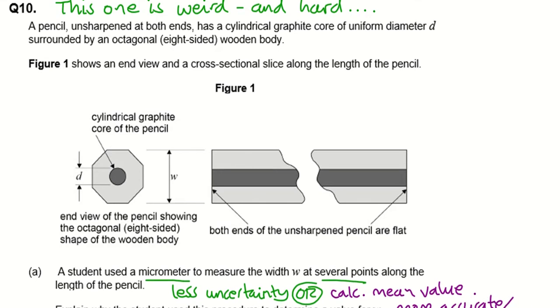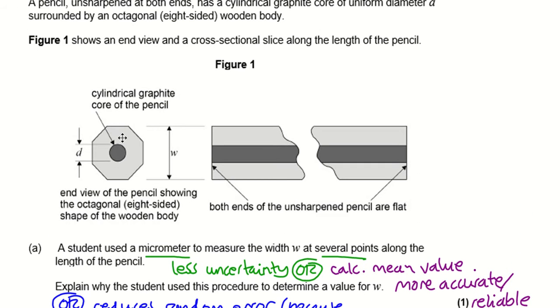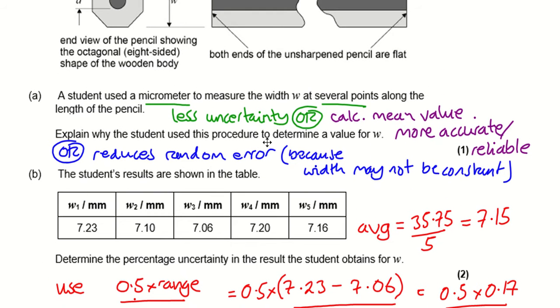Okay, so they've told you here, why did they use a micrometer to measure the width, and also they measured it several times. Why did they use that? Well, first of all, you can say that your micrometer produces less uncertainty because it measures to a smaller amount.